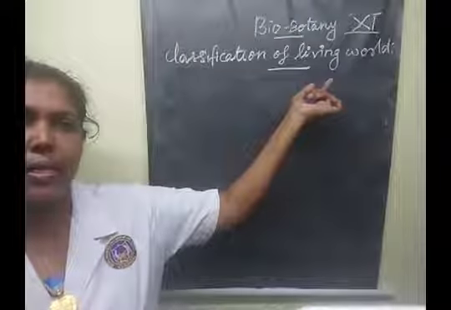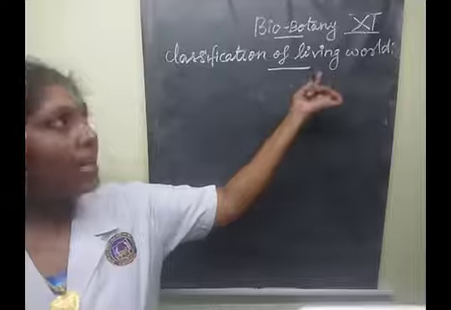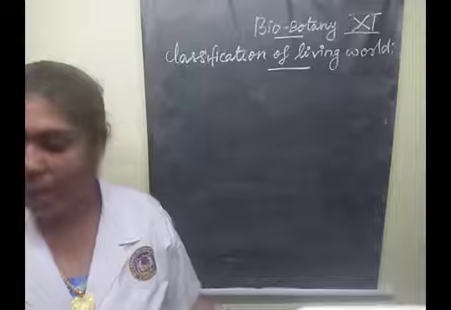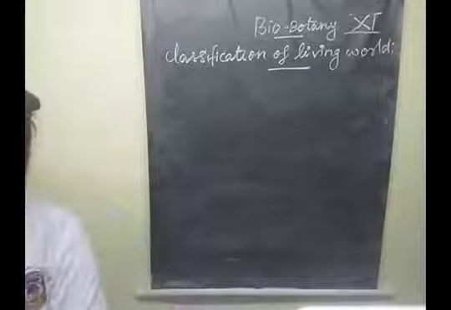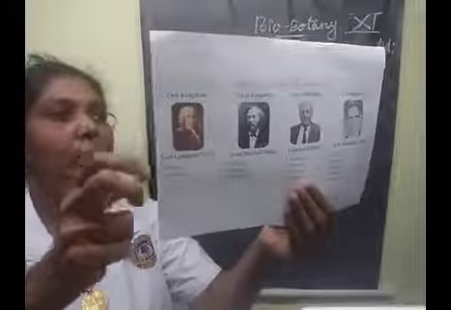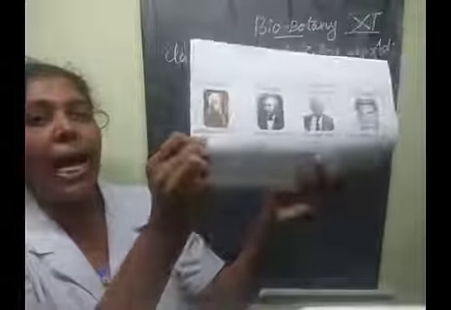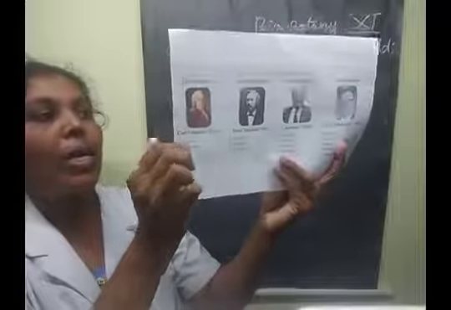Many taxonomists classified living organisms into different kingdoms. What are these kingdoms? First of all, let us see, children. Here is a system of classification. The 2 kingdom system was proposed by Carl Linnaeus.